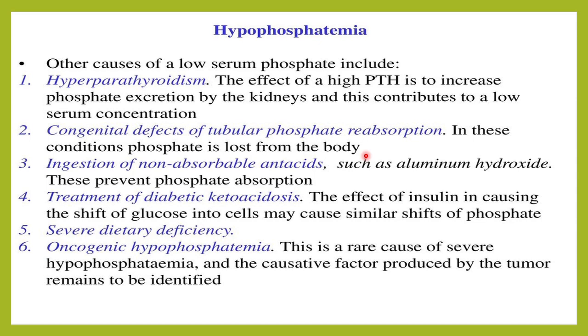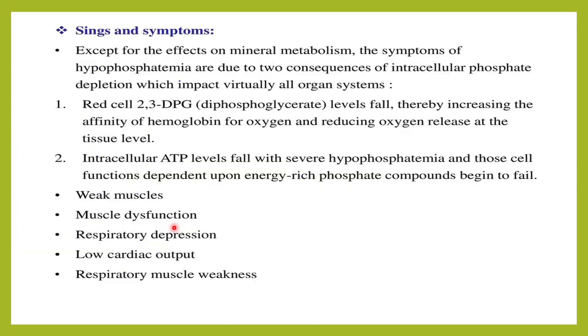Non-absorbable antacids like aluminium hydroxide, etc., will prevent the phosphate absorption and can reduce the phosphate level. If the patient has diabetes and treatment is given for diabetic ketoacidosis, insulin will push the phosphates inside the cell and reduce the level in the serum. Severe dietary deficiency or oncogenic hypophosphatemia, so I have told you.